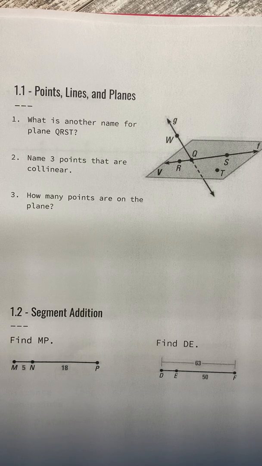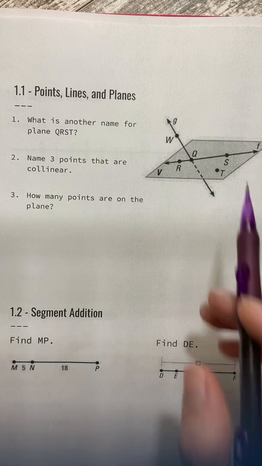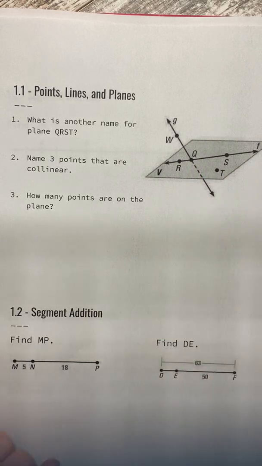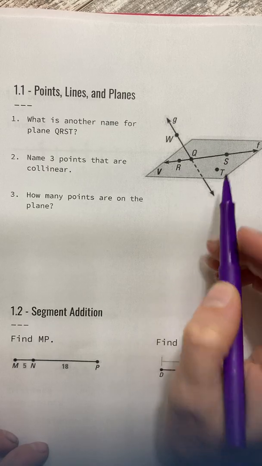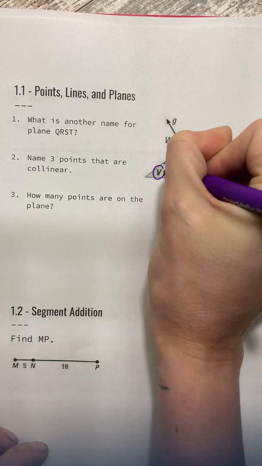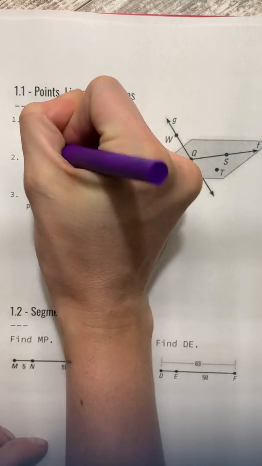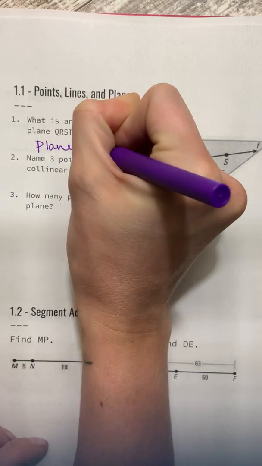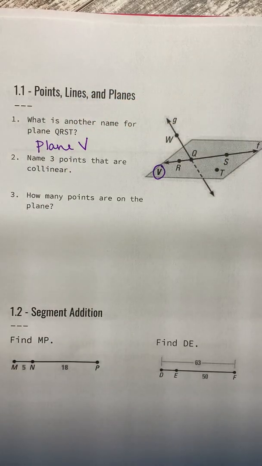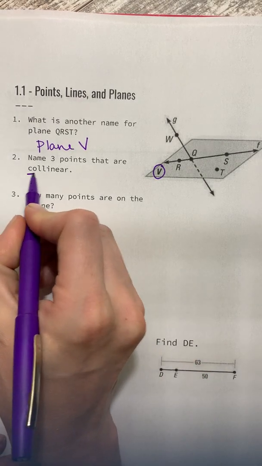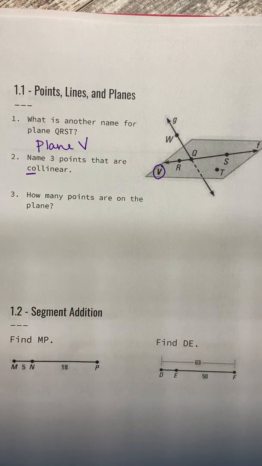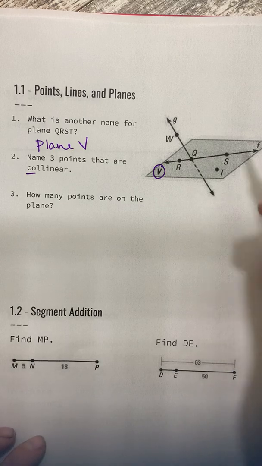All right, so looking at this problem, another name for the plane. So first we named it with all of its points. So we named it QRST. Another name, we can just call that plane V, okay? 3 points that are collinear. So co, right, means the same. So collinear means they're on the same line.